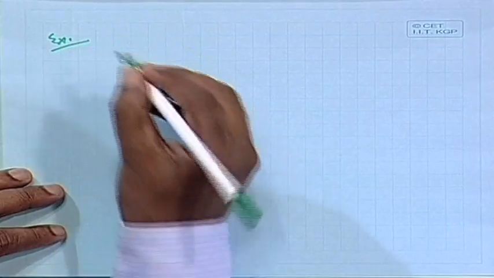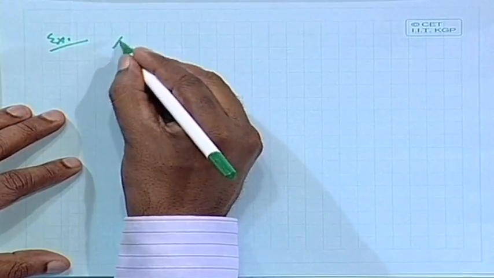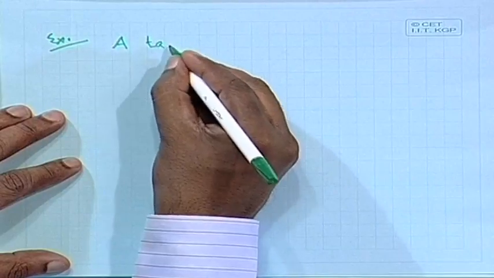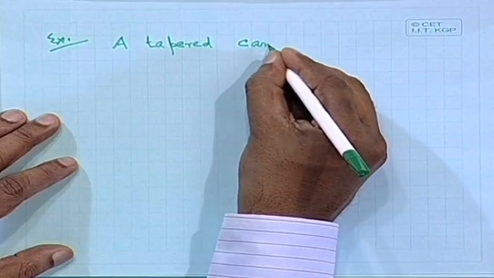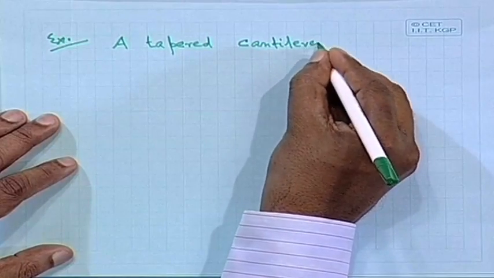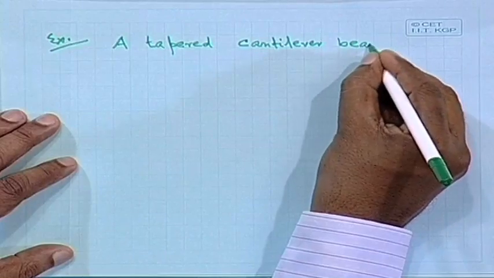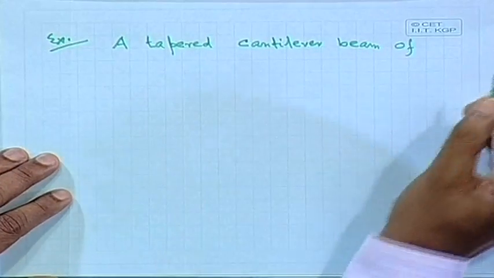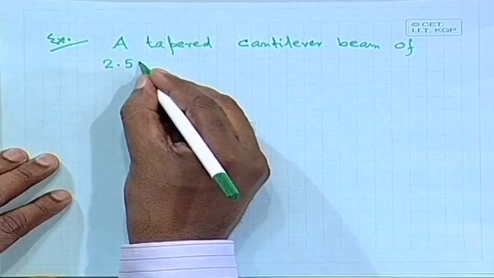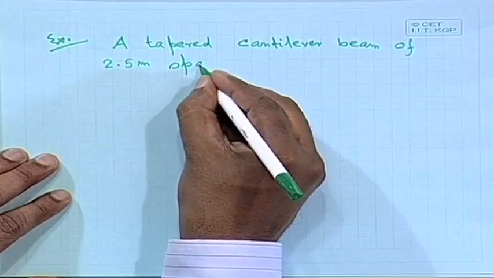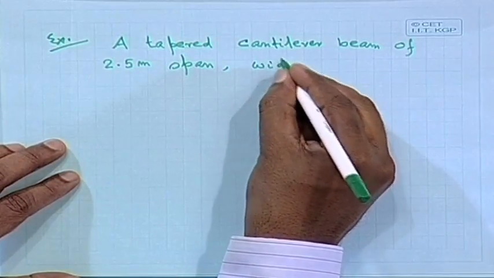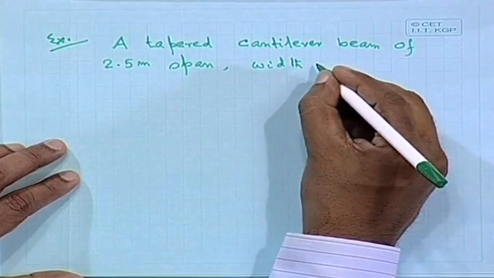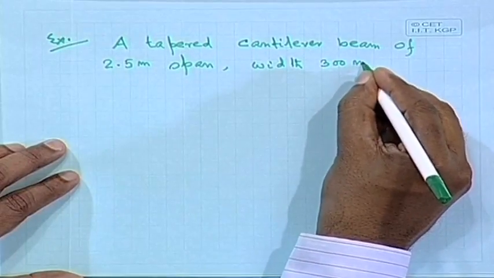Let us do one example. Let us say a tapered cantilever beam of 2.5 meter span, width 300 millimeter.